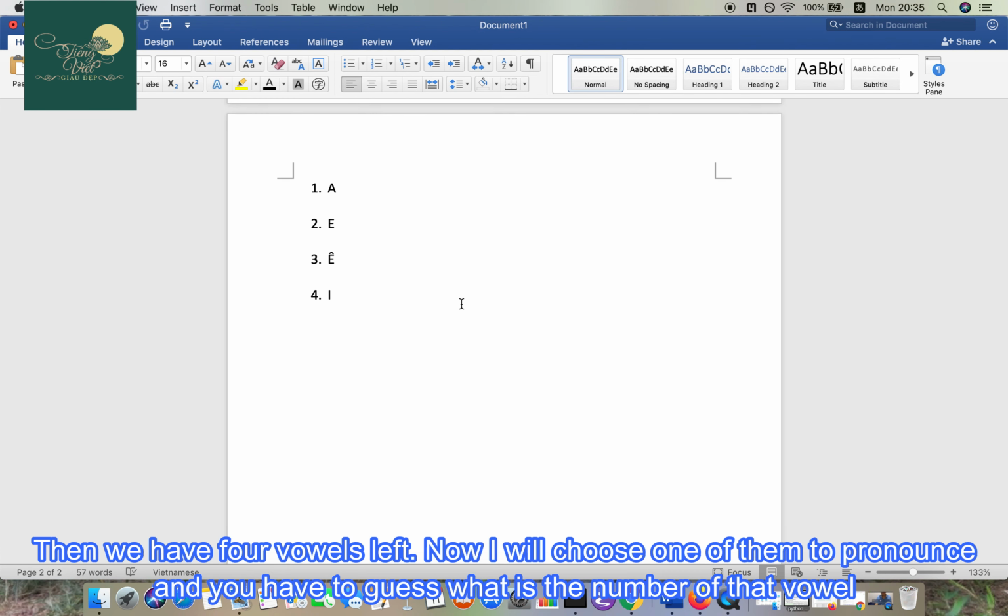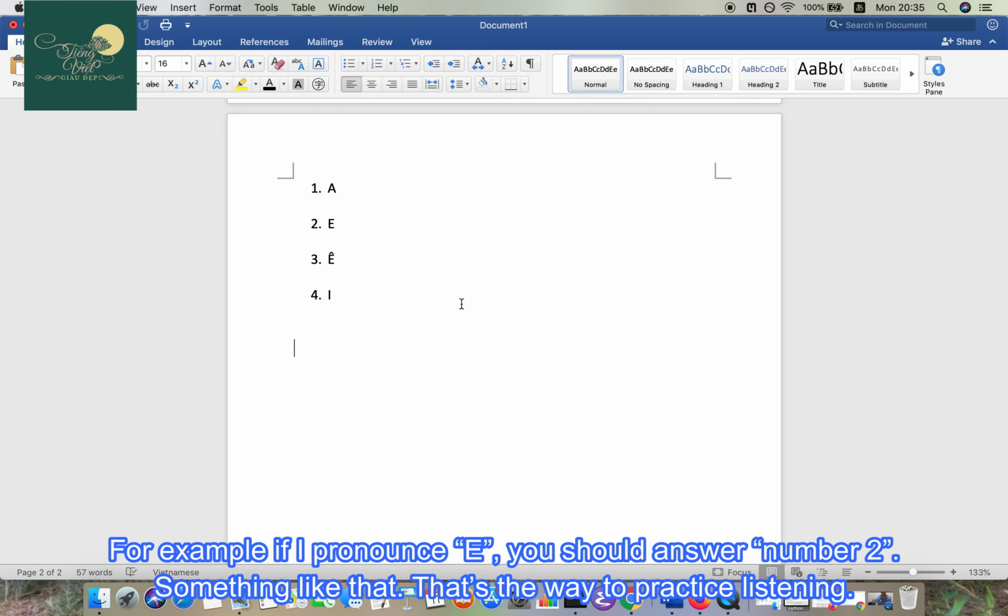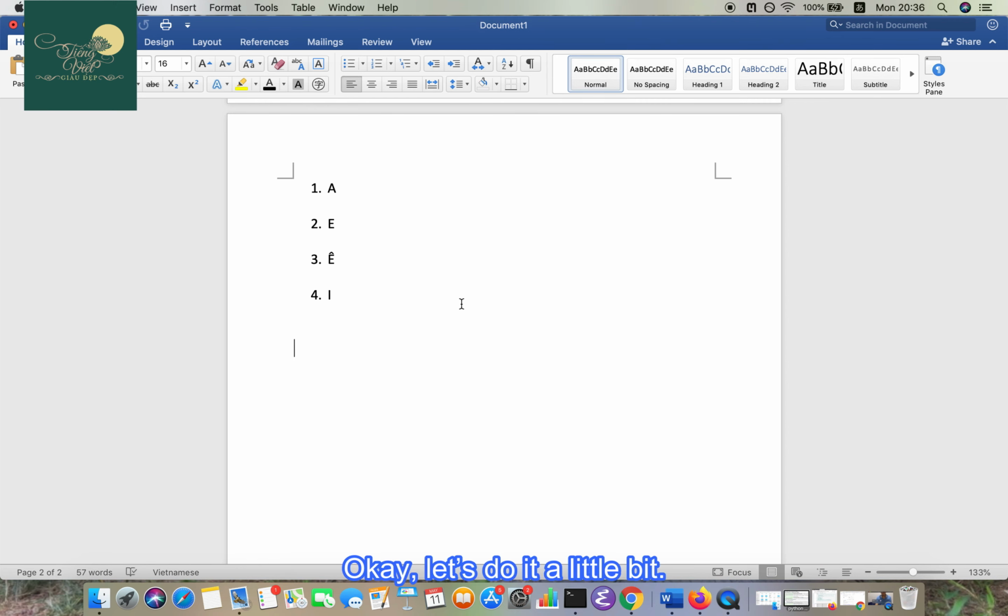Then we have 4 vowels left. Now I will choose one of them to pronounce, and you have to guess the number of that vowel. For example, if I pronounce the second one, you should answer number 2, something like that. That's the way to practice listening. Okay, let's do it a little bit.